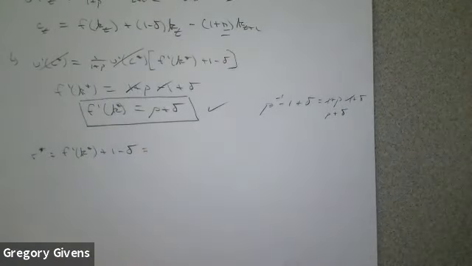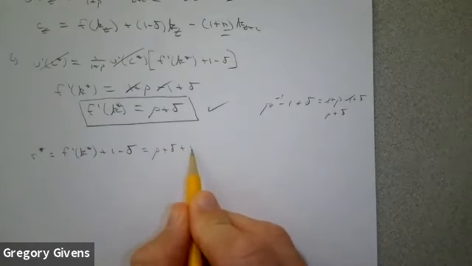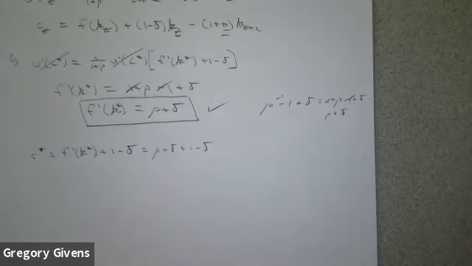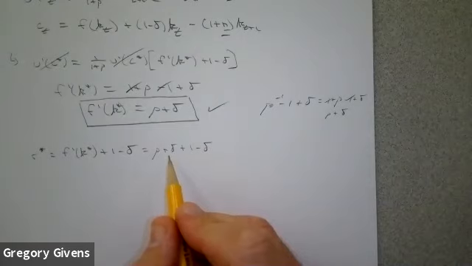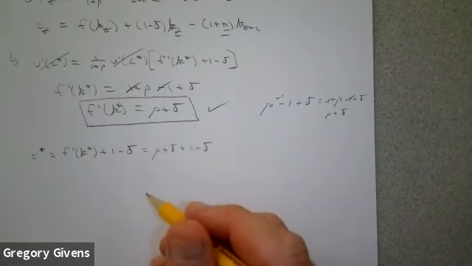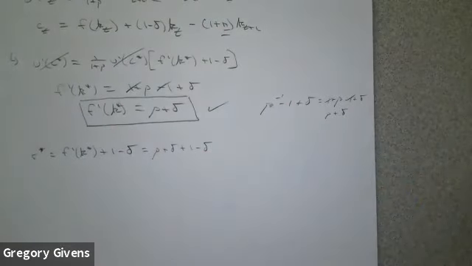Well, what is f prime of k star equal to? Rho plus delta, plus 1 minus delta. No, that's not right. Is that right? No. Rho plus delta. I don't have that right. Hold on. Why do I have this?